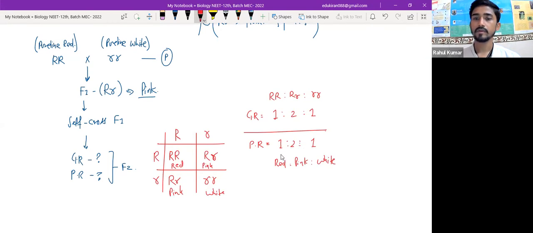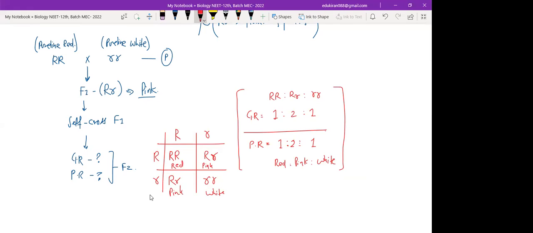You see that? So do you understand that incomplete dominance affects the phenotypic ratio due to blending of the genes, the blending of the characters, but it does not affect the genotypic ratio? Yes, it cannot affect the genotypic ratio, correct? Everyone, do you understand? Now write down, make this and write down.